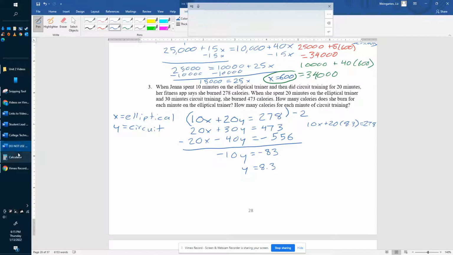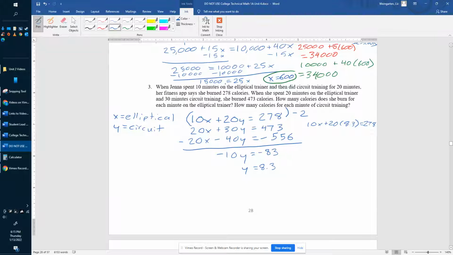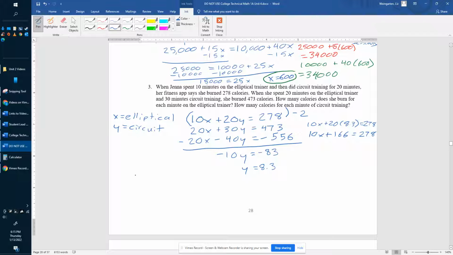What is 20 times 8.3? 166. 10x plus 166 equals 278. So we'll subtract 166 from both sides, and we get 112. So x equals 11.2.